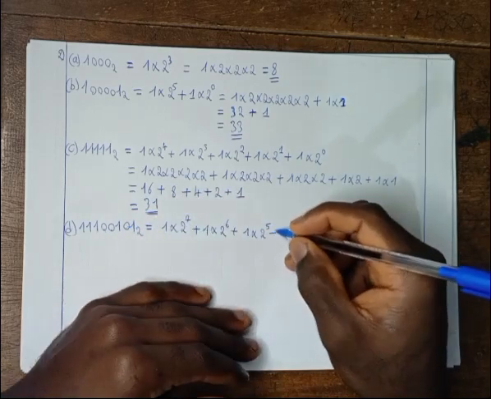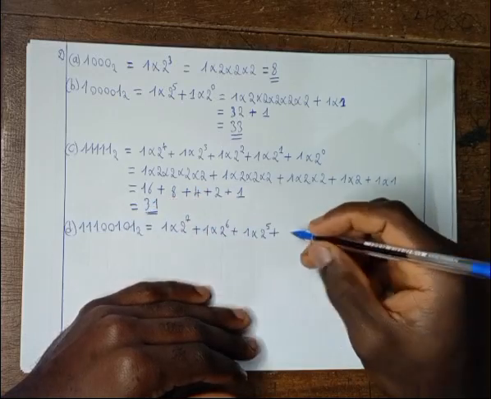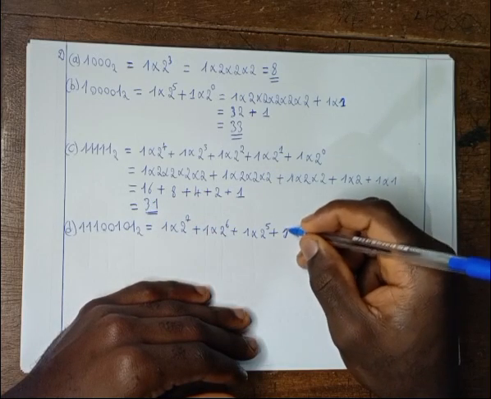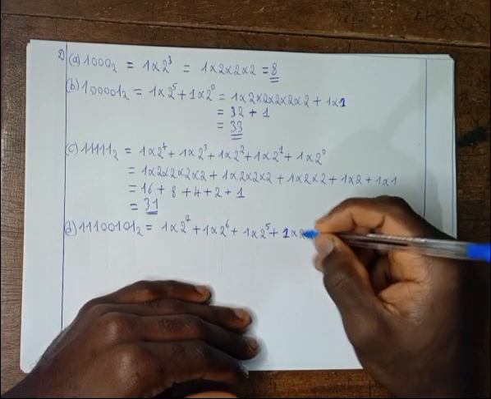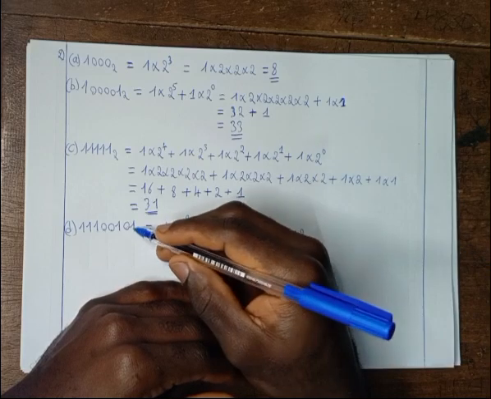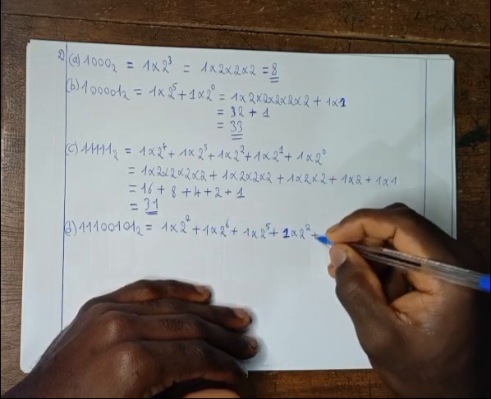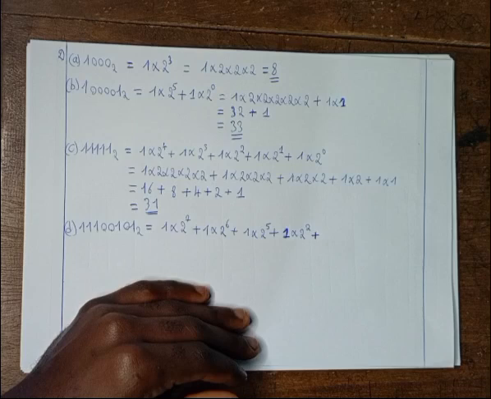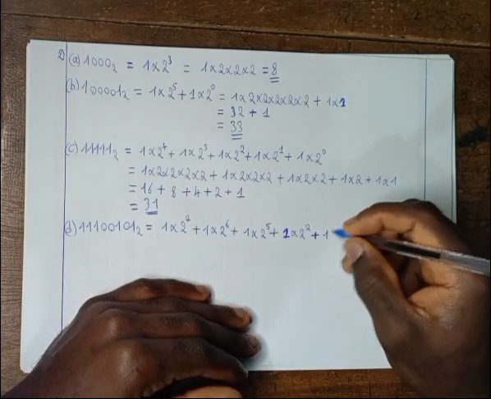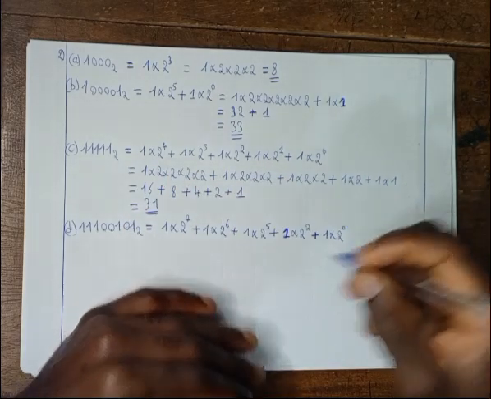The next digits are zeros, so we are going to ignore them. We move to 1 times 2 to the power 2, and the next digit is 0, so we ignore it. Move now to the last digit, plus 1 times 2 to the power 0.